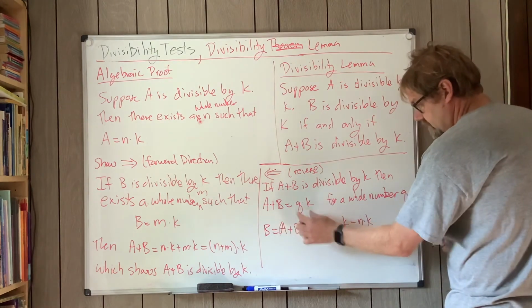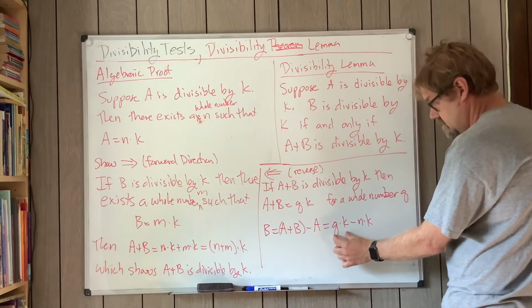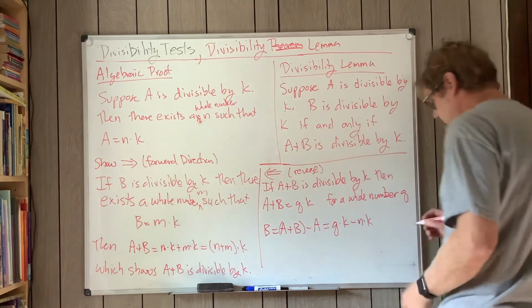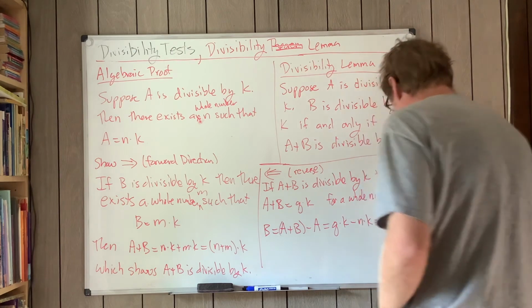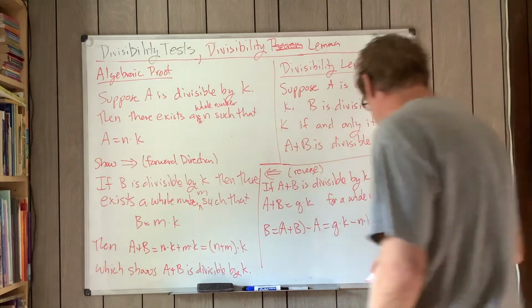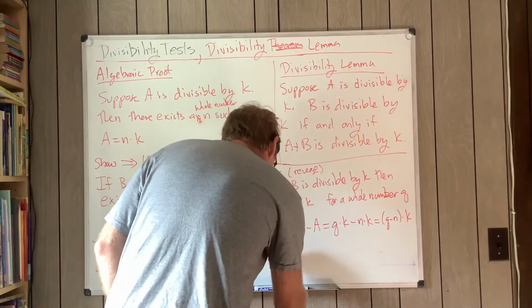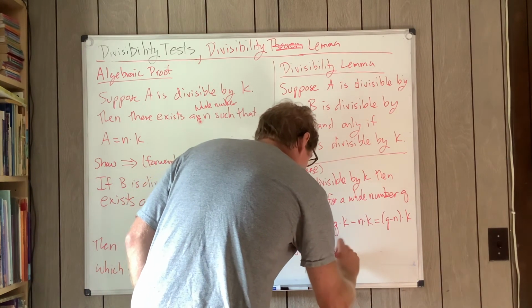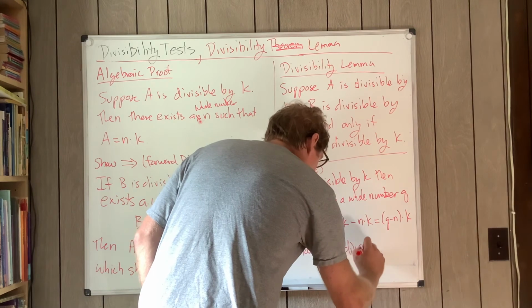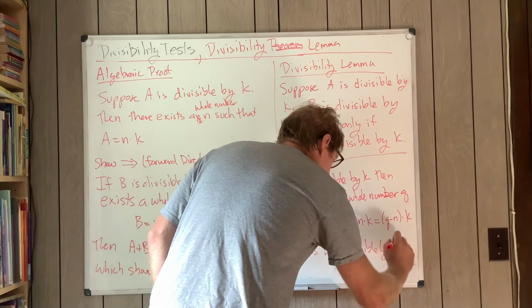A plus B we said is Q times K. A is n times K, and we do exactly the same thing. I factor out a K, which shows B is divisible by K.